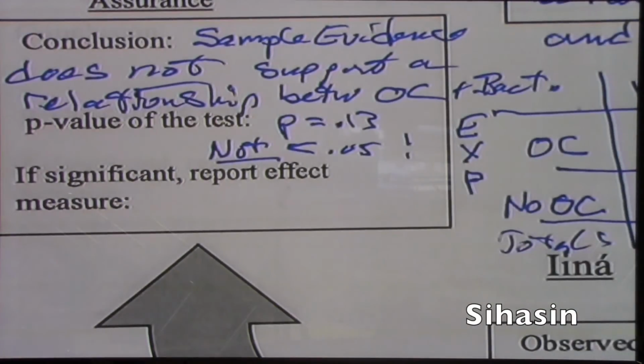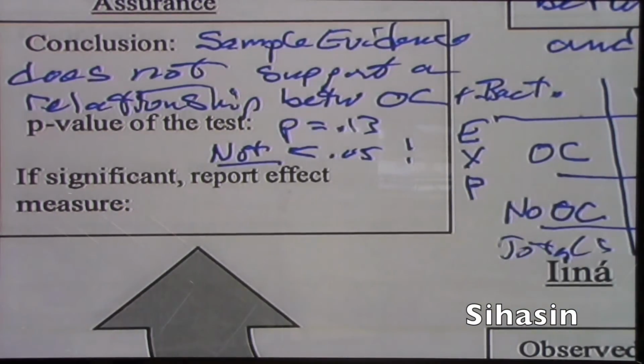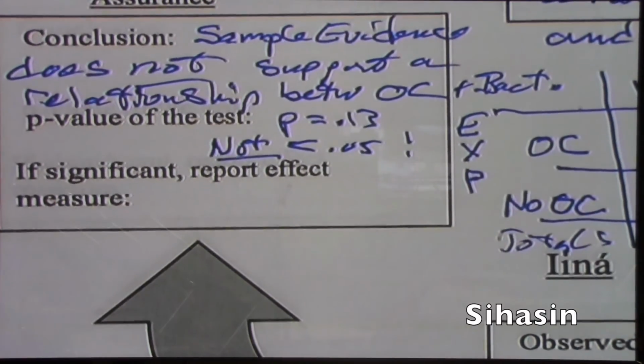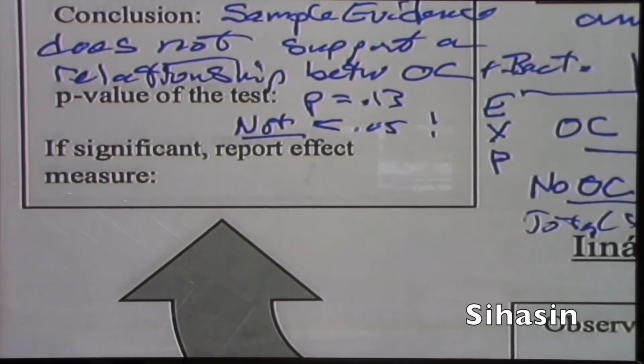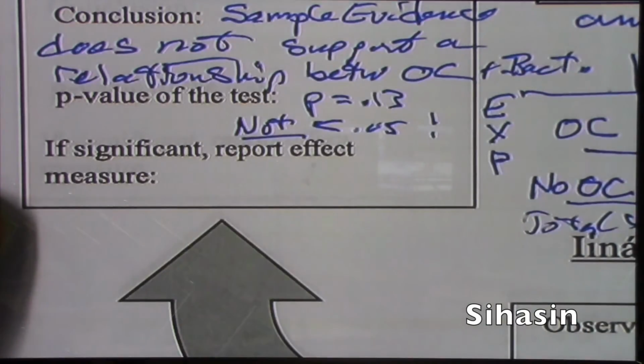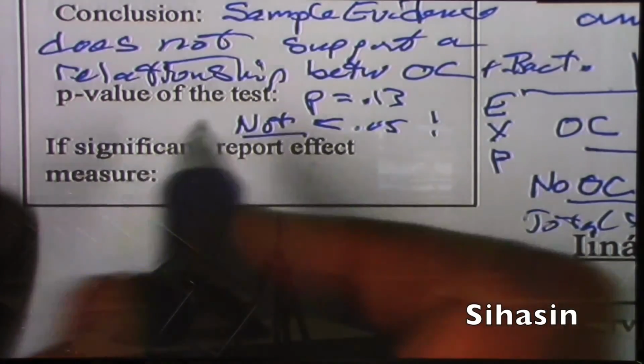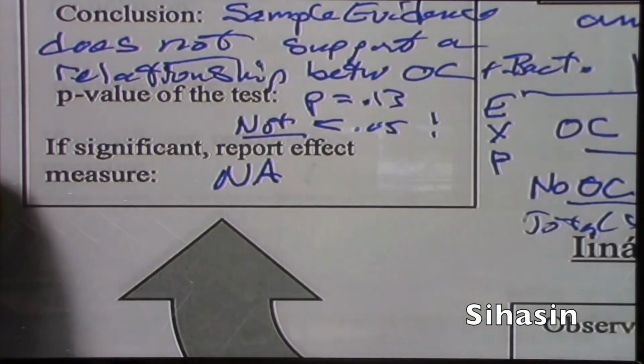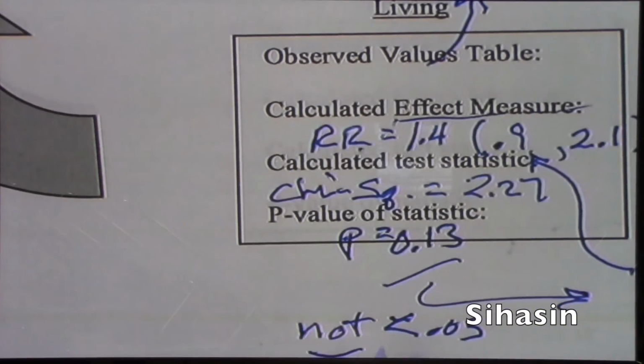Okay, I'm running out of space here, which is another reason why you might want to put some of this discussion and interpretation on another document. If significant, report effect measure. Was this significant? No. So we're going to put NA here. It only is significant if the p-value is less than 0.05. So this is not significant.